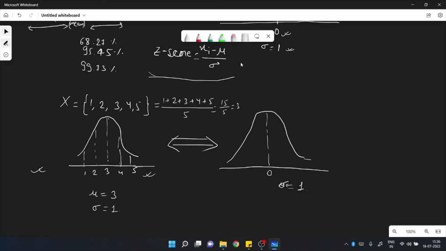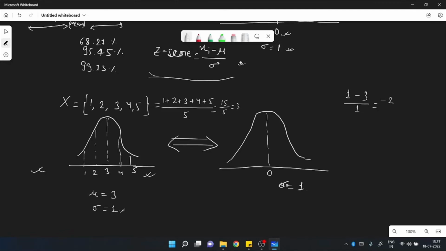It's xi minus mu divided by standard deviation. So what is my xi in this case? 1, am I right? 1 minus, what is my mean? Mean is 3, right? And what is my standard deviation? This is 1 again. So I'll be putting 1 here. If I calculate this, I'll be getting minus 2.